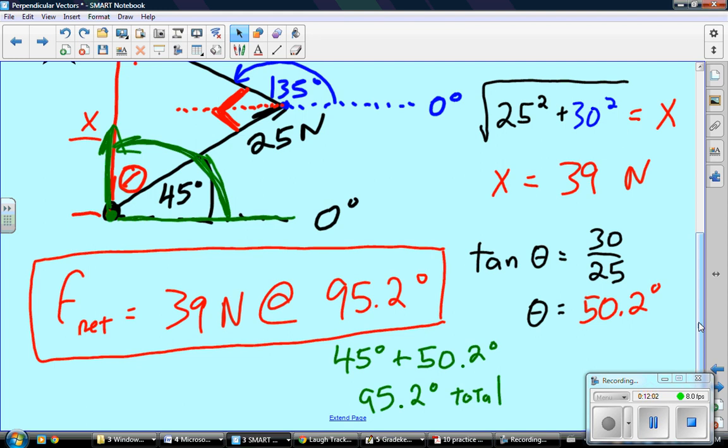With this method, where you're only given degrees, we always use 0 as our reference point, our starting point, and we say, how much are we going to turn counterclockwise? In this case, we're turning 95.2 degrees counterclockwise. And our resultant vector is actually pointing a little bit beyond 90. So if I drew the diagram right, it would be more off in that direction there. Okay?